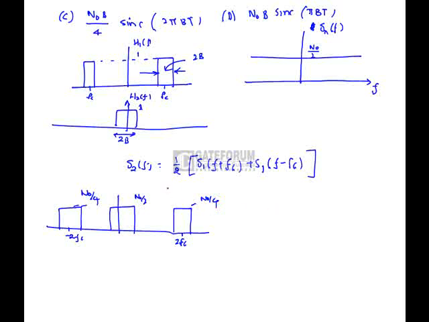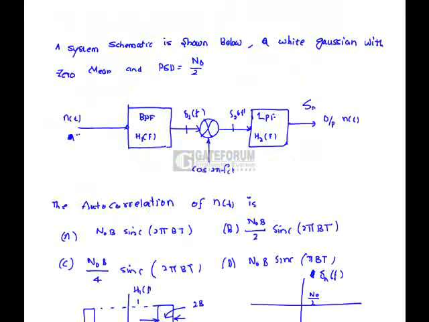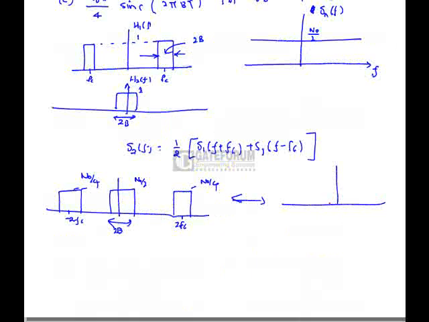So after passing S2 of f through a low pass filter, that is the output Sn of f, this is 2b, that is minus b to plus b, and the magnitude is N0 by 2.